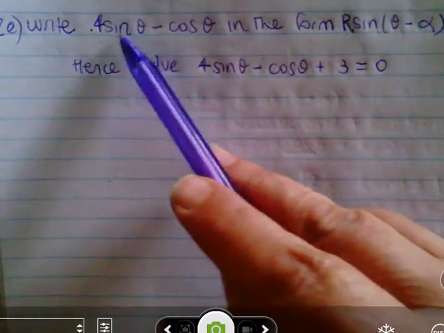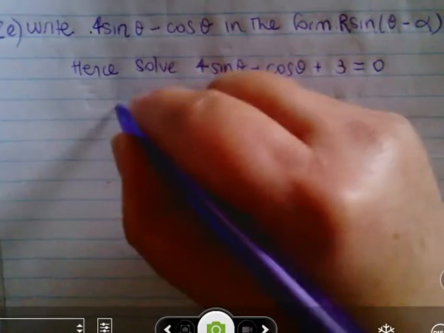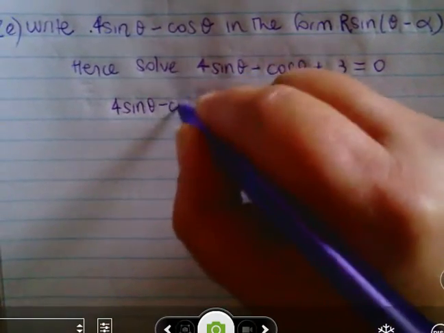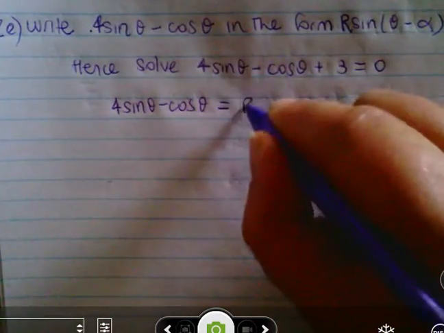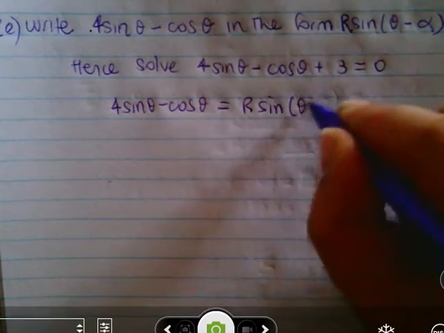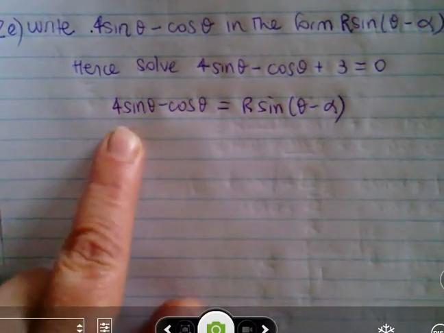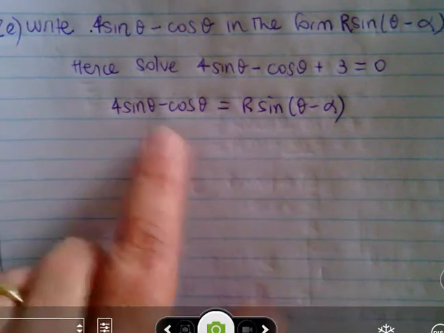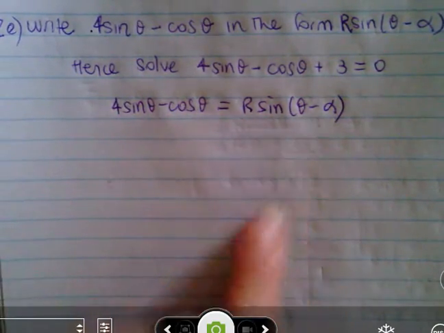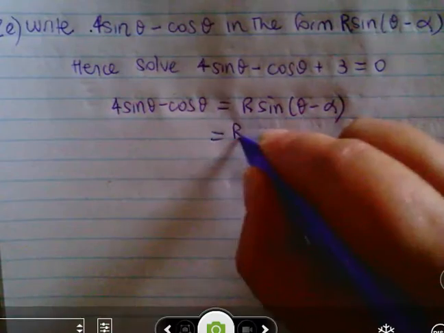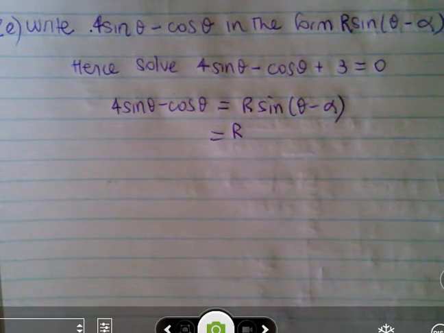4 sine theta minus cos theta, in the form R sine theta minus alpha. Notice it starts with sine. This one starts with sine, and this is a minus, that's a minus. Keep the sign the same. Be careful with the expansion for sine. What is it?